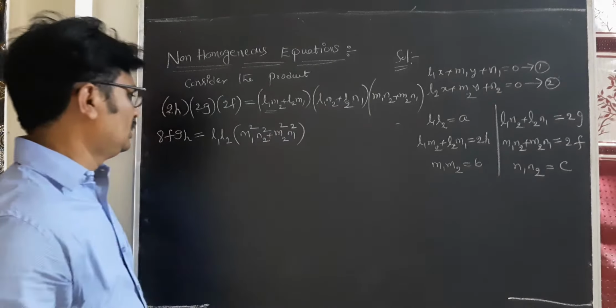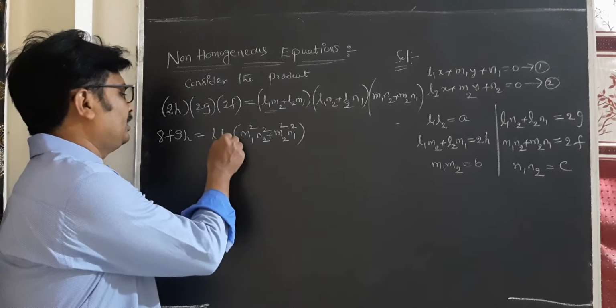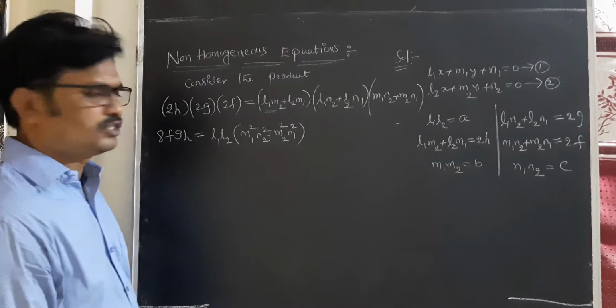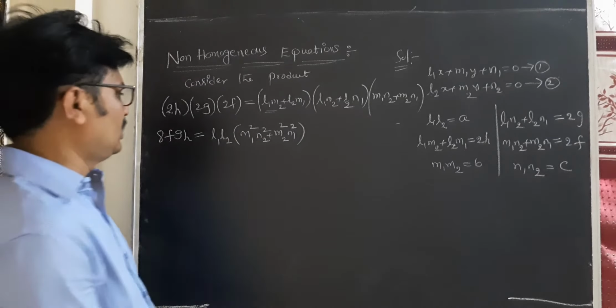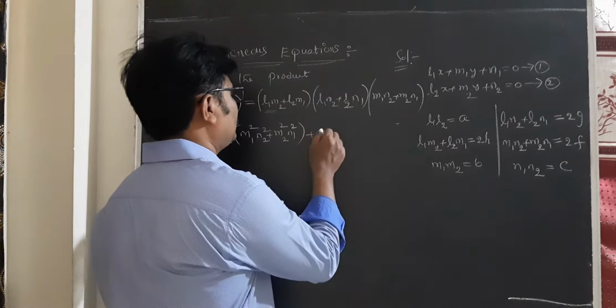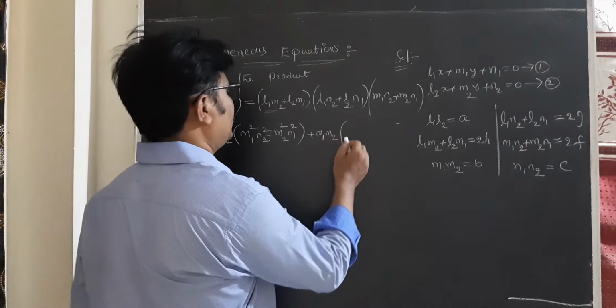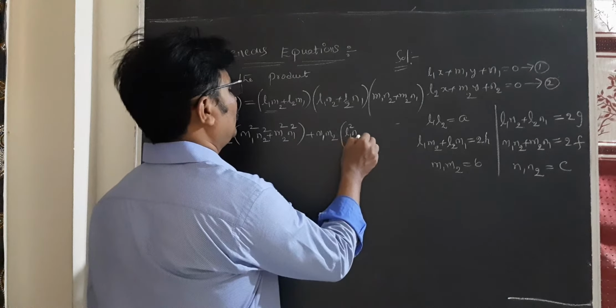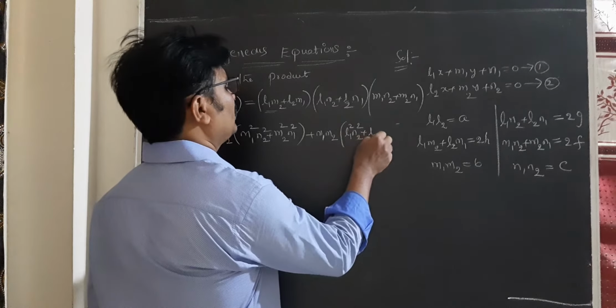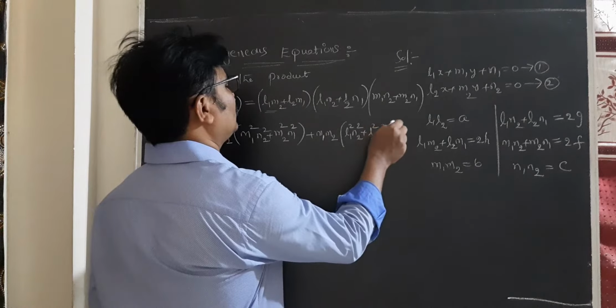When you take the common factor M1 M2, undoubtedly inside is L1 square N2 square plus L2 square N1 square.